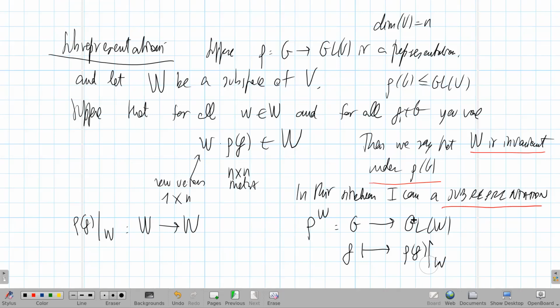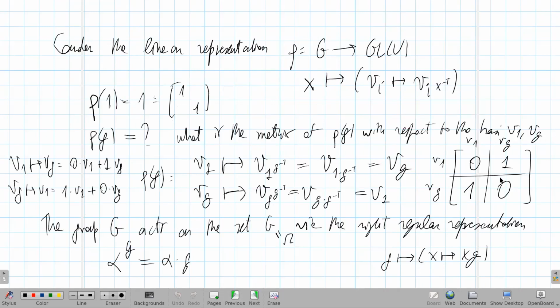And what I plan to do first thing tomorrow is to show that in this situation, although I don't have invariant subspaces, I mean, the subspace generated by V1 is not an invariant subspace, and neither is the subspace generated by Vg, I will find two complementary subspaces that are rho G invariant.